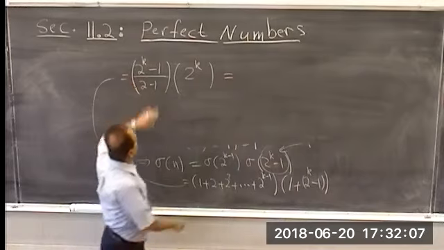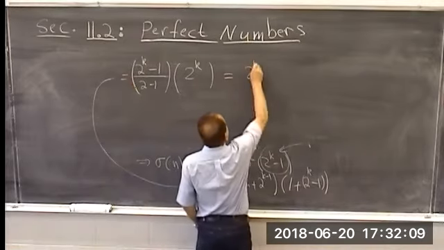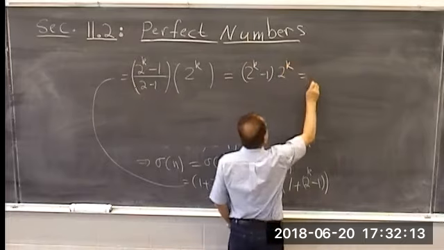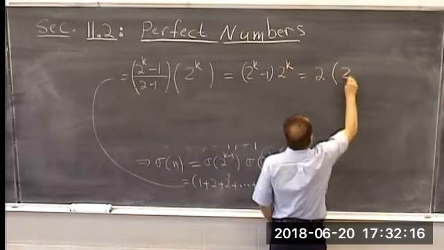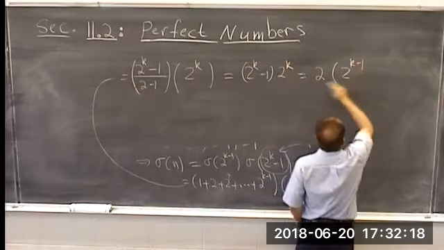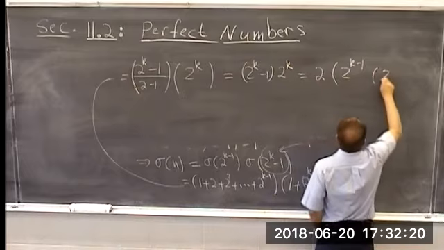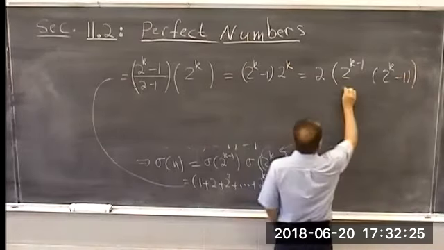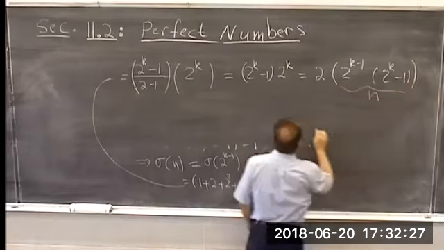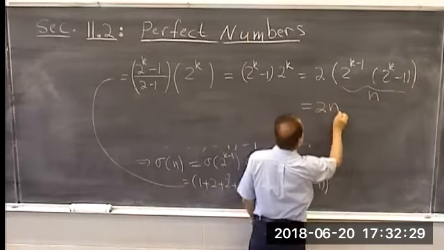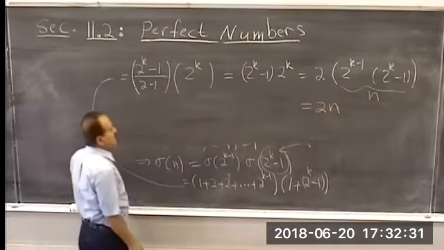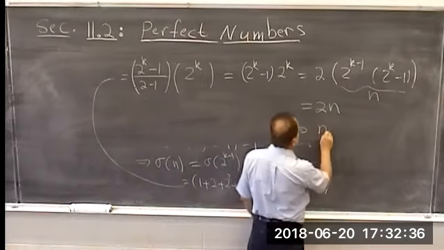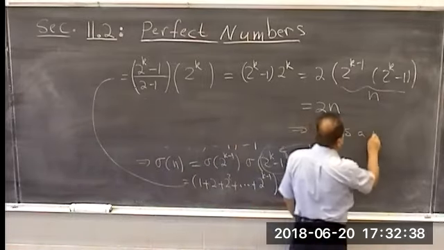And the first part becomes 2 to the k minus 1 times 2 to the k, which I can write as 2 to the k minus 1, together give me 2 to the k, and then 2 to the k minus 1 like this. However, this one is n, and so we end up with 2n, and this is exactly what it means for n to be perfect. So this implies n is a perfect number.